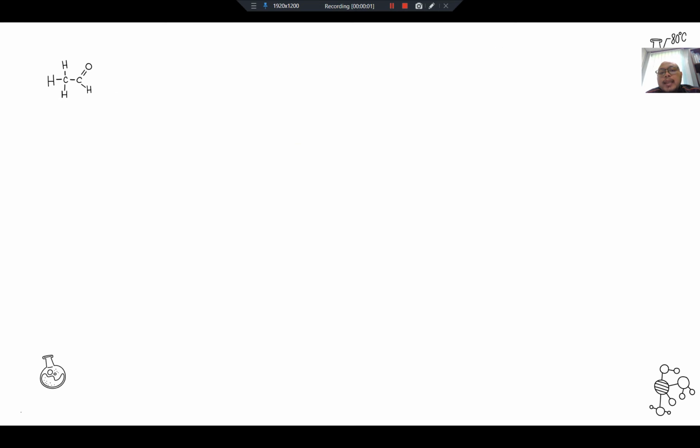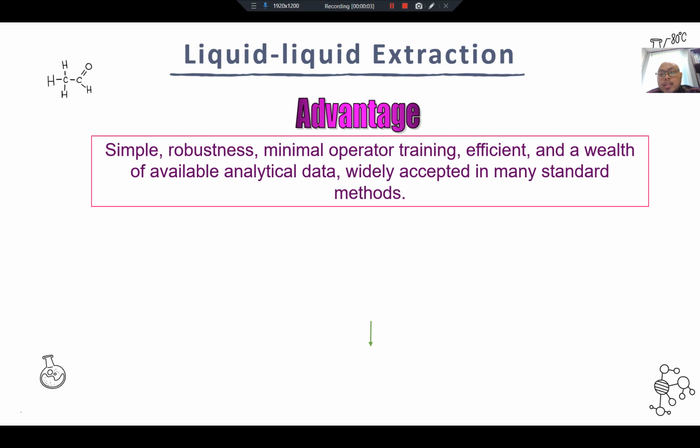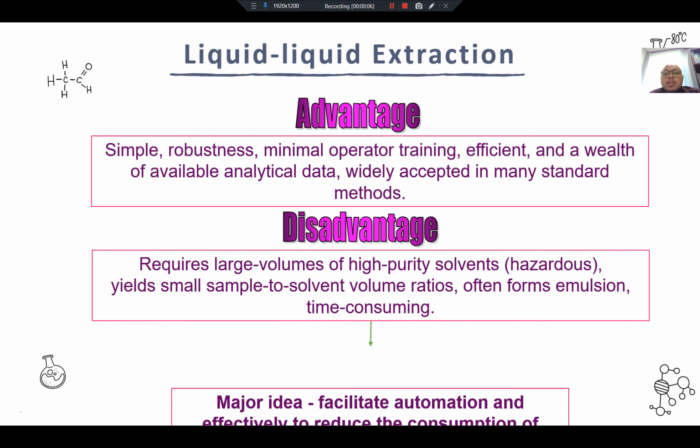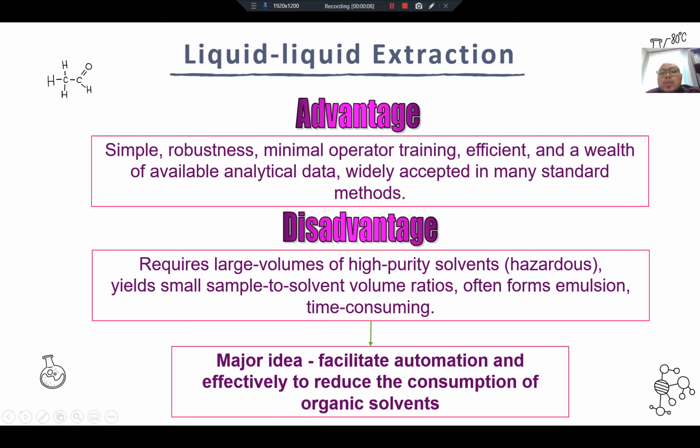So we are at the end of the liquid extraction, not at the end of the topic. So the advantages of liquid extraction are that it is simple and robust. Simple is simple, robust means that usually we don't have problems with stability. It's stable. Minimum operator training, it doesn't need you to have very specific skills.